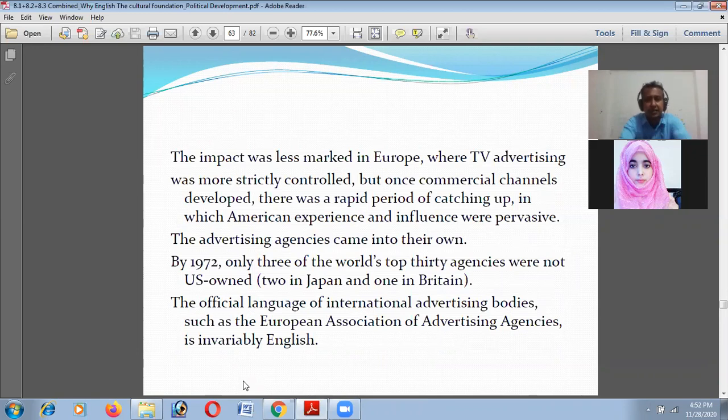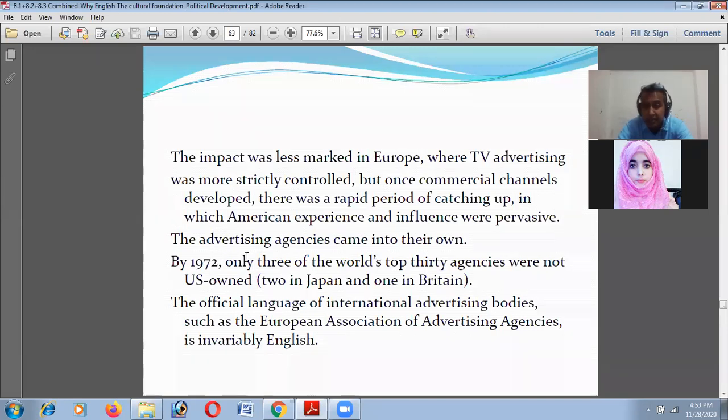Another thing that has come forward, that is the TV advertisement, was more restrictedly controlled. But once commercial channels developed, there was a rapid period of catching up in which American experience and influence were pervasive. The advertisement agencies came into their own. In 1972, only 3 of the world's top 30 agencies were US owned.